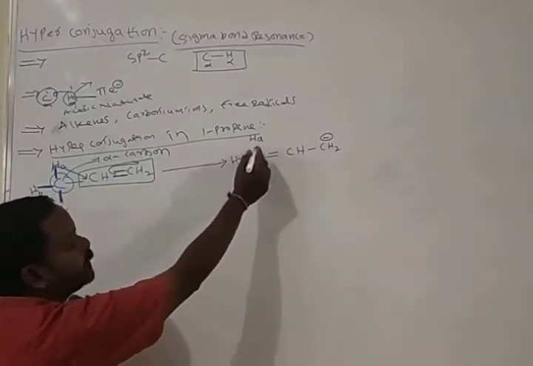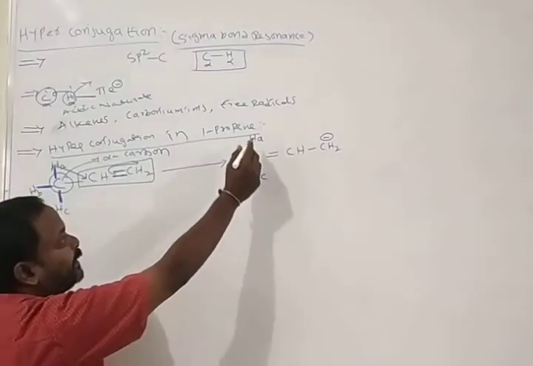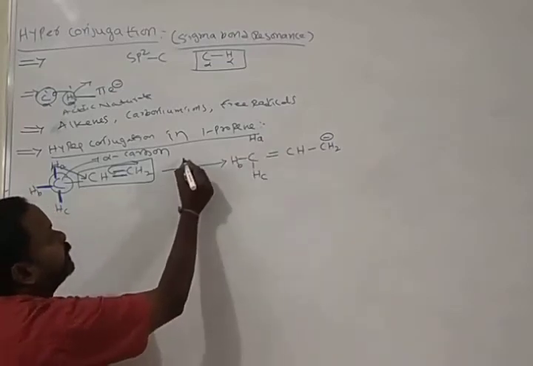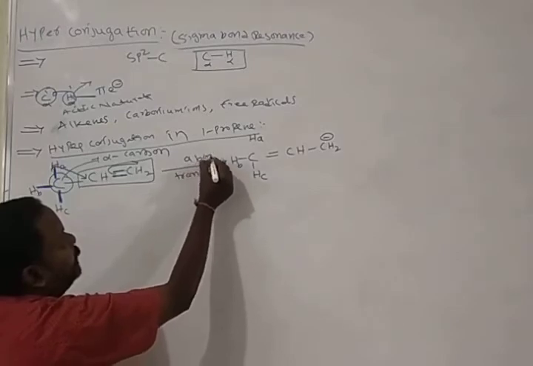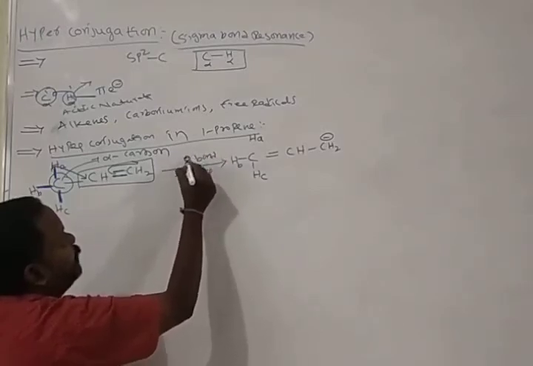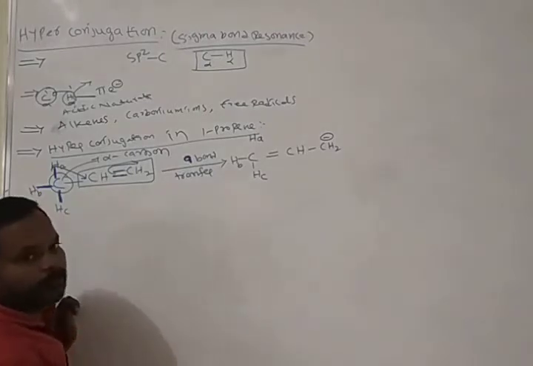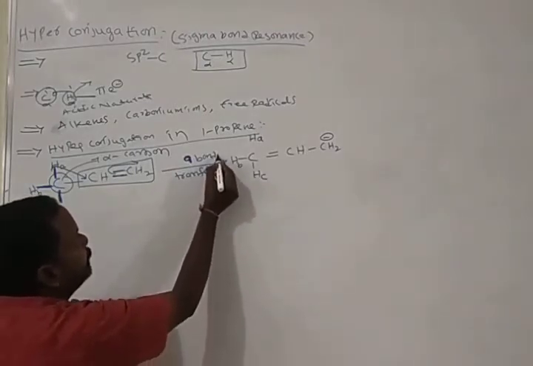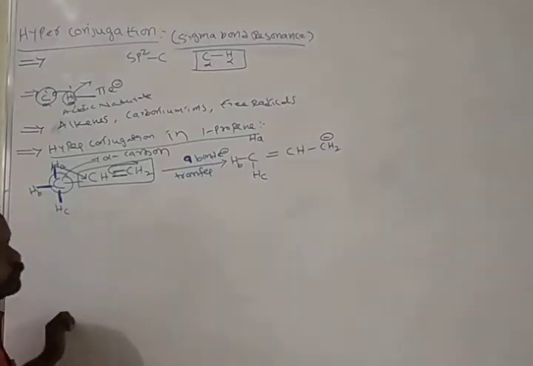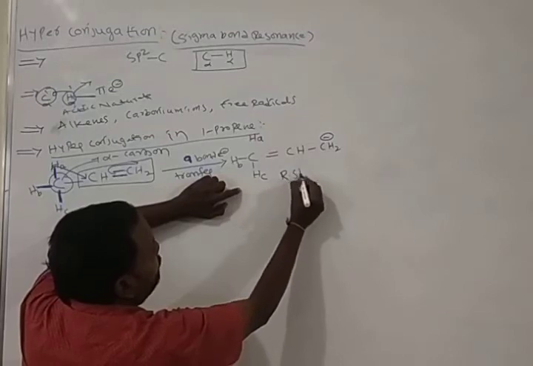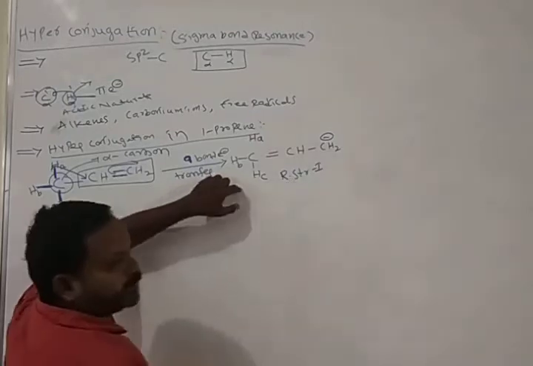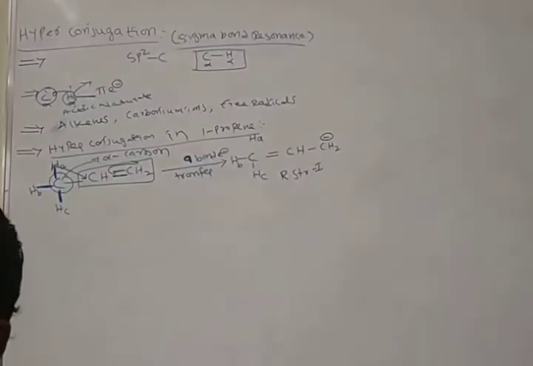This is called the resonance structure, or hyperconjugation structure, or sigma bond resonance structure. That is the first resonance structure.